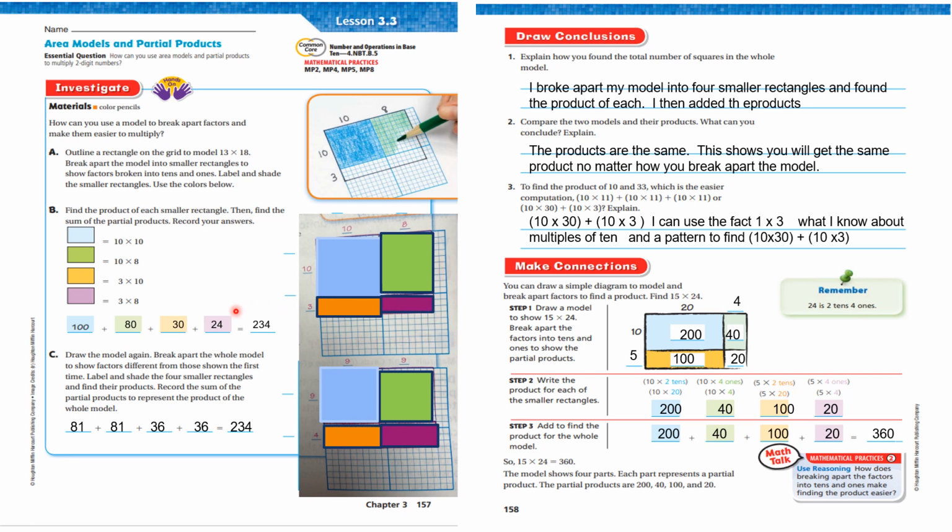Once you add all of them up, you get 234. So 13 times 18 is 234.